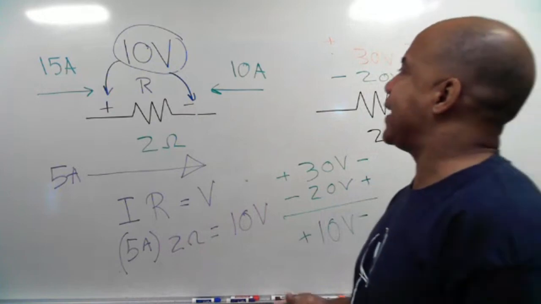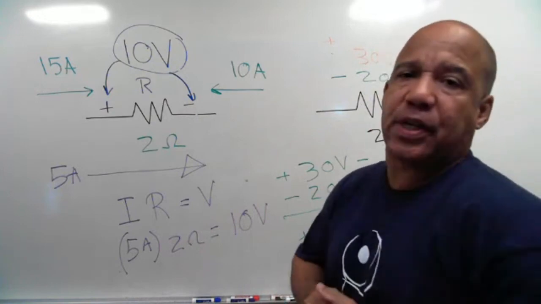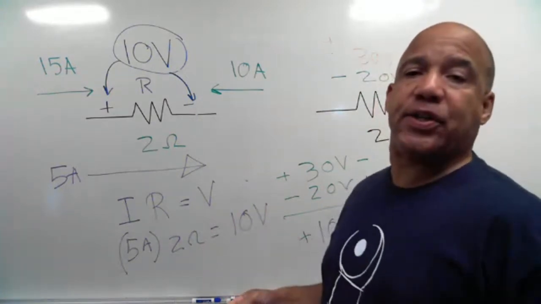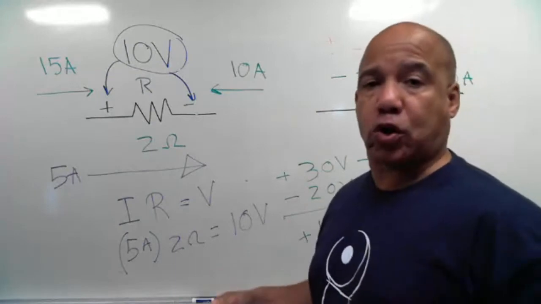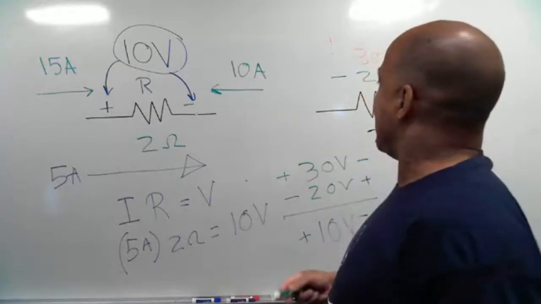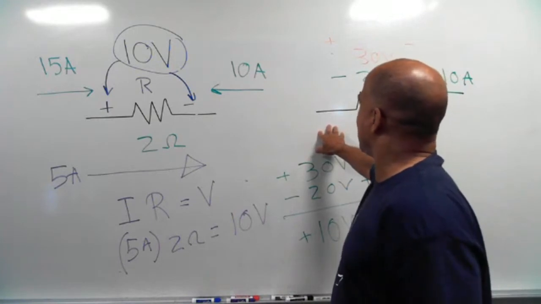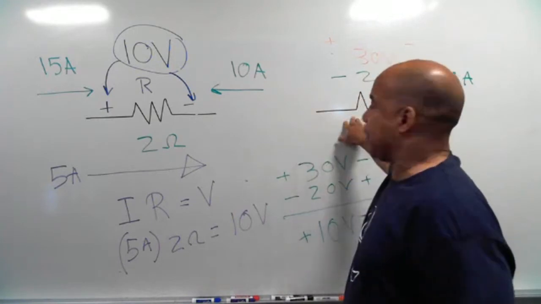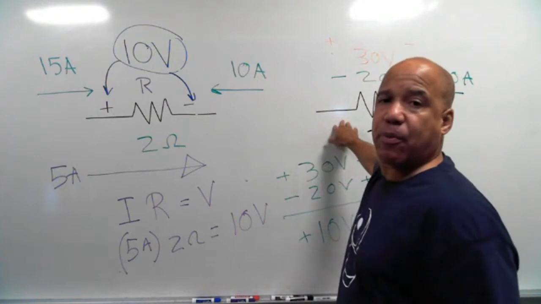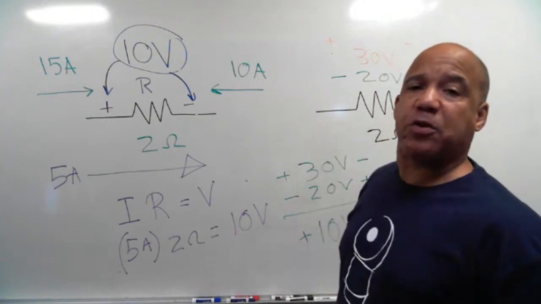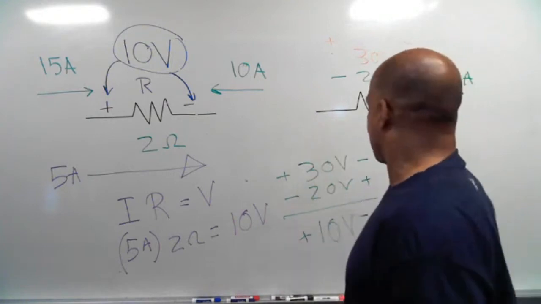So we're going to spend probably the next couple of weeks learning different ways to solve circuits with multiple voltage sources. And what I just demonstrated here, showing you that you can consider each voltage source independently, or in this case, each current independently, to solve the problem, is called the method of superposition. I want to talk about that.